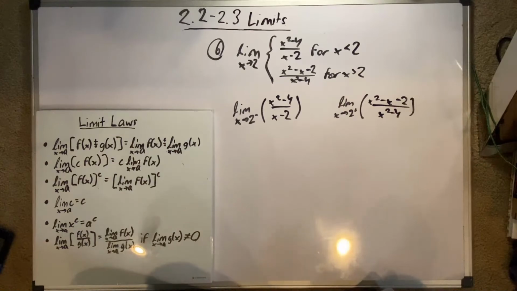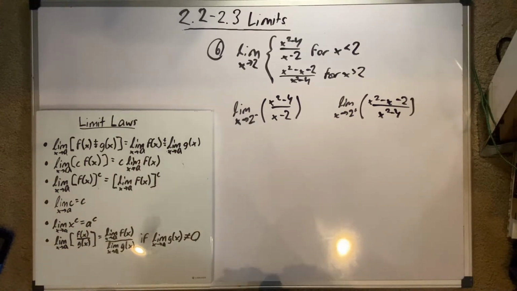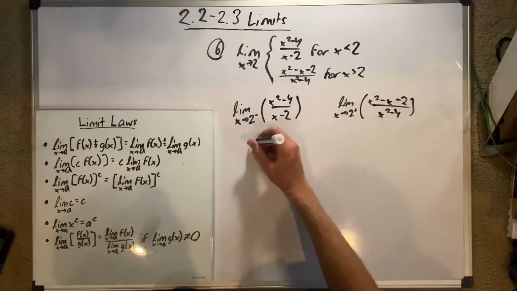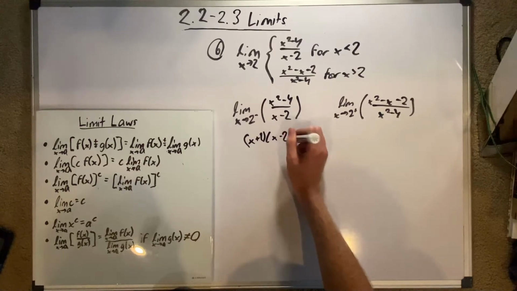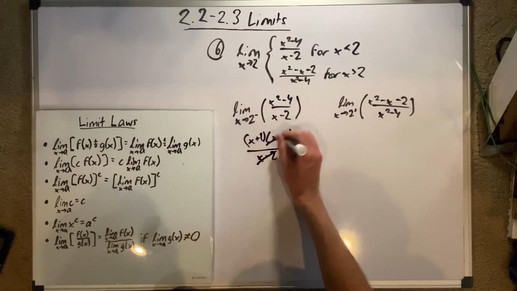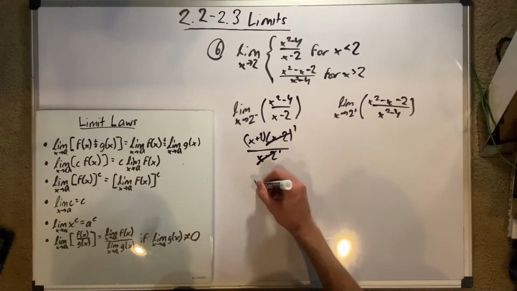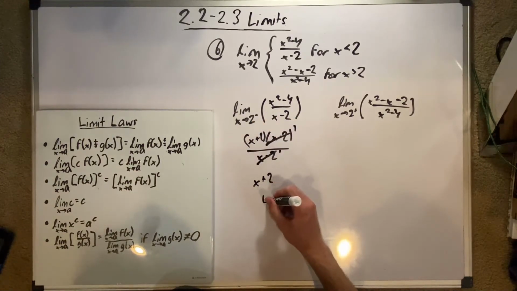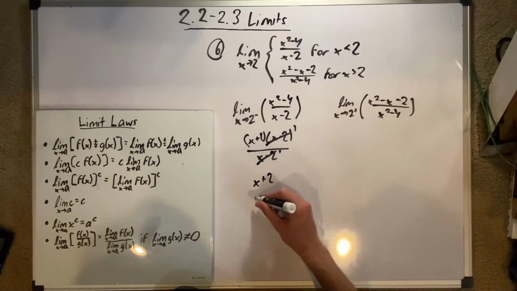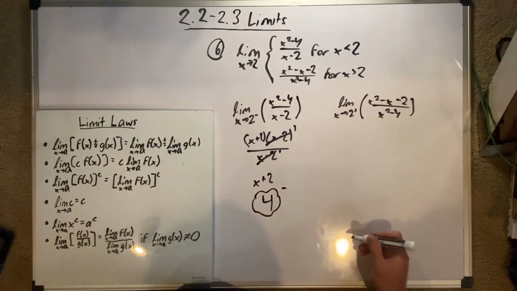And now we'll just do the same thing we've done before and simplify. So for the limit here, we'll ignore this for now, it's x plus 2, x minus 2, over x minus 2. These two cancel out. That's 1, that's 1. So you get x plus 2. Plug in this 2. It's not a negative 2, it's just a 2. So 4 from the negative side.